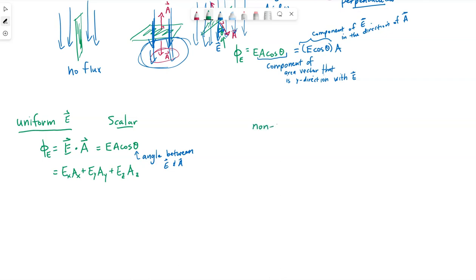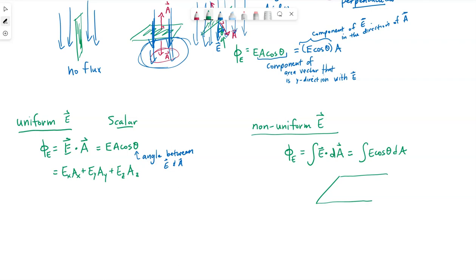If the electric field is not uniform, we end up needing to integrate the value of the electric field over the surface area, which we could also write as E cosine theta dA, but we would need to write theta and the dimensions of our rectangle, for example.